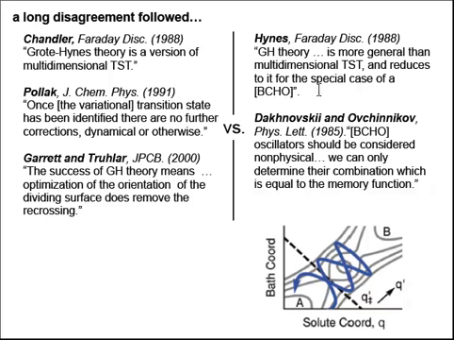So, some people have argued that the real system, when Grote-Hynes theory works, should have an underlying harmonic bath characteristic associated with the dynamics along that coordinate. Others have argued that really it's just a heuristic theory, this Grote-Hynes theory, and that when Grote-Hynes theory works, yes, you can find this harmonic model, but we shouldn't take it too seriously, that it's just a model.